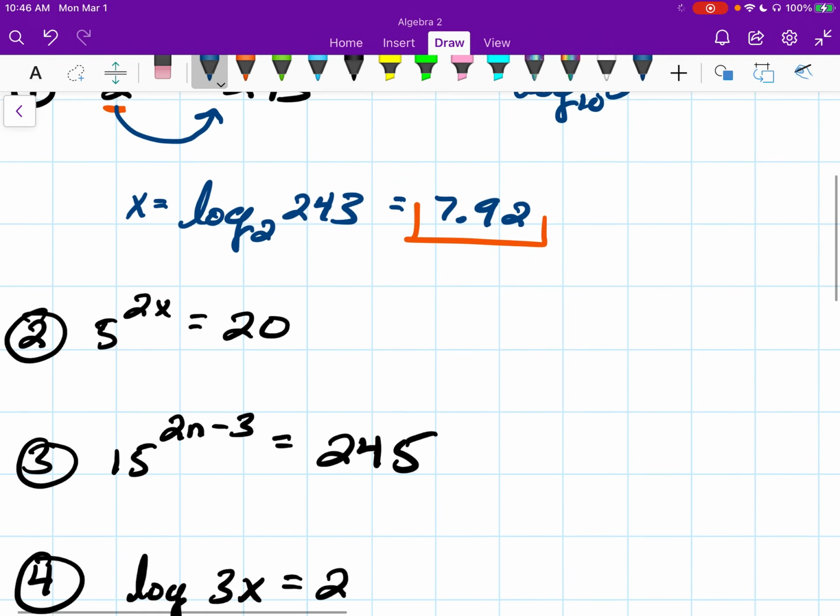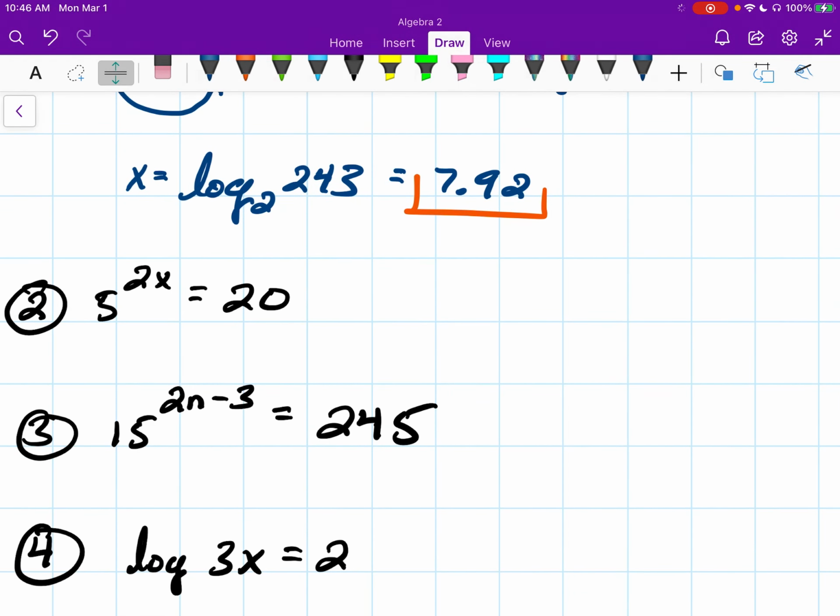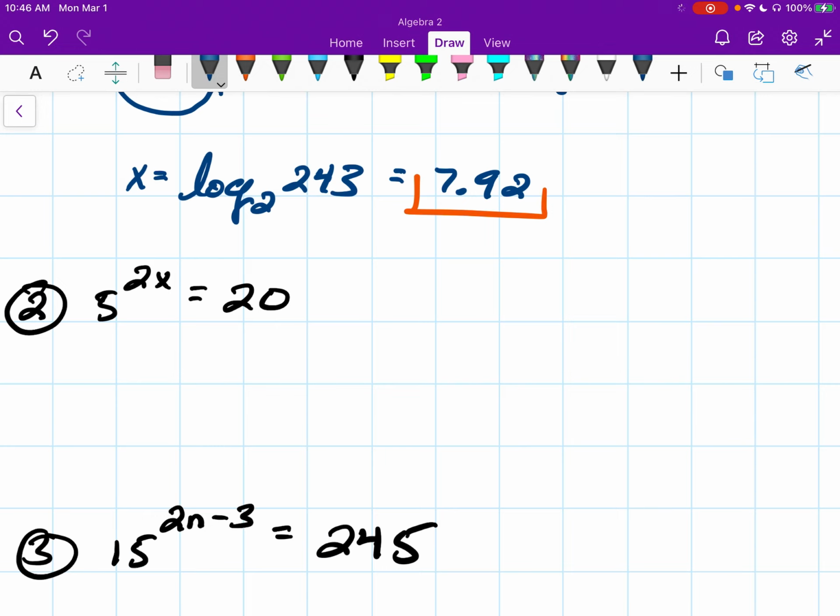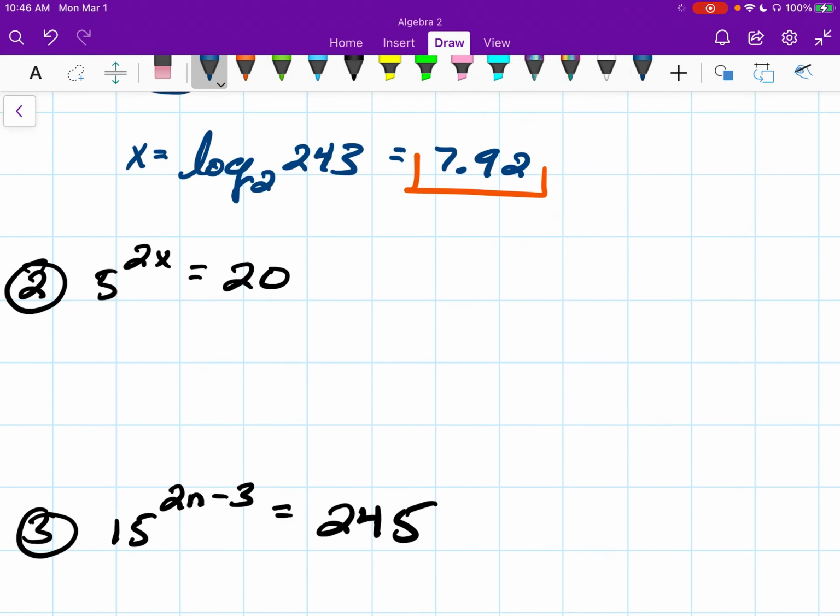So moving on, number 2. Again, I'm going to start off by putting this into logarithmic form. So this time I have my 2x in the exponent. So I'm going to have 2x equals log base 5 of 20.